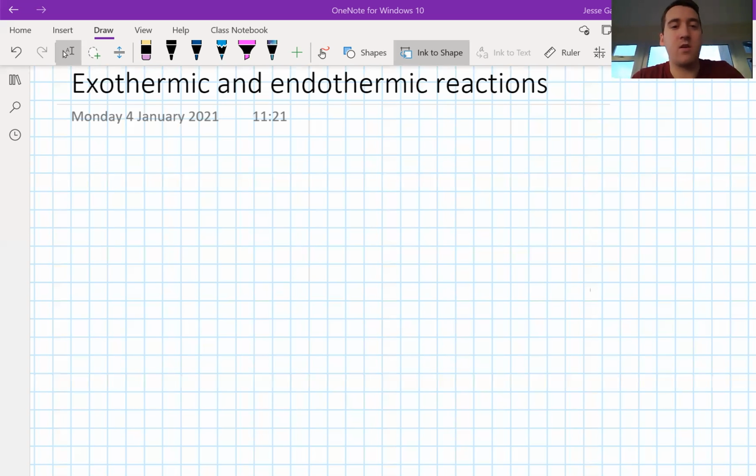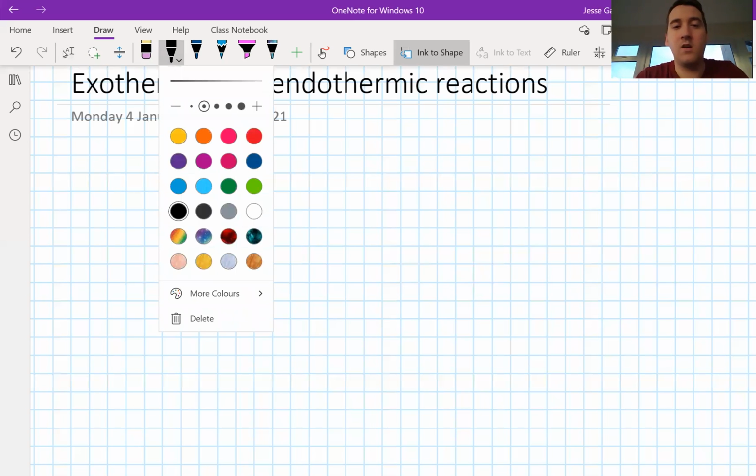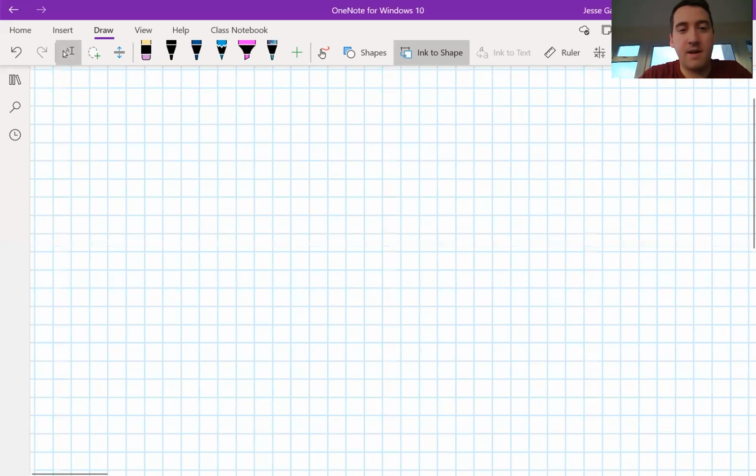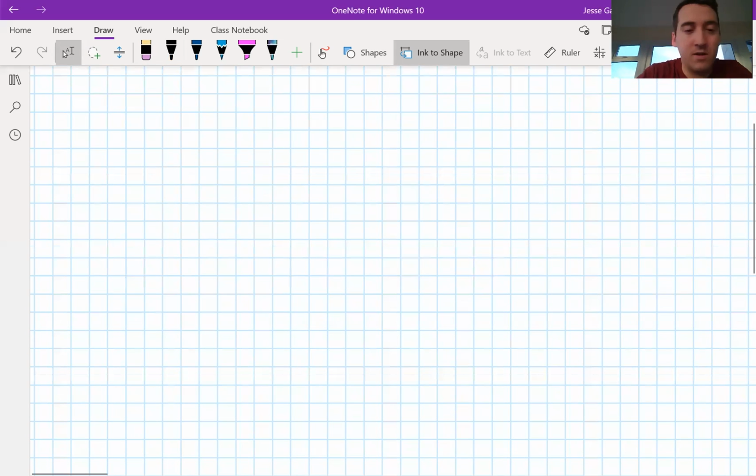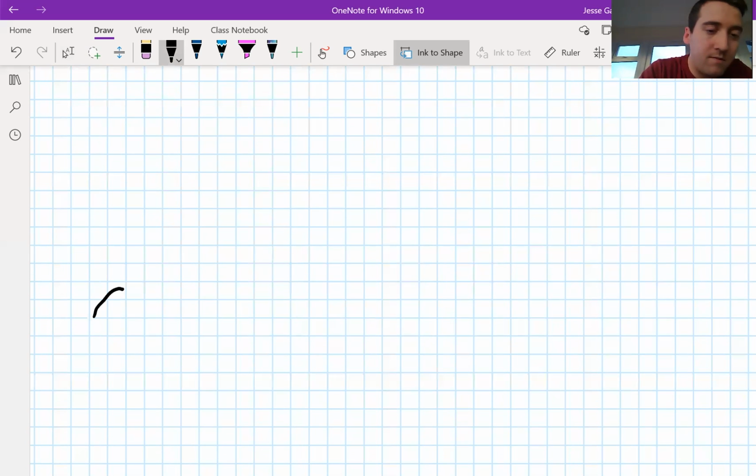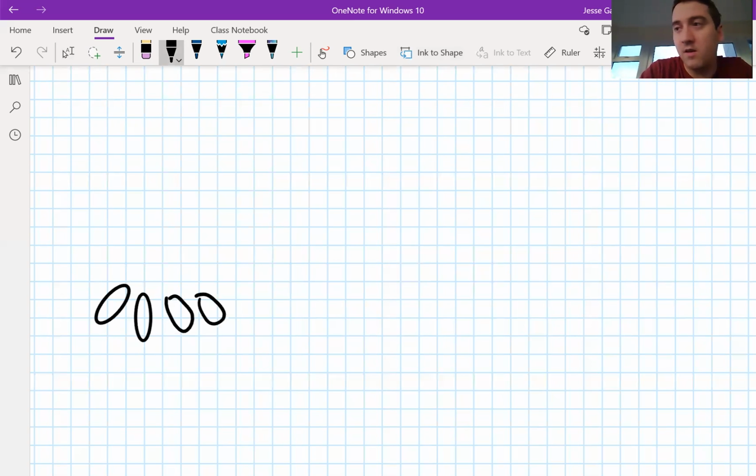So let's have a quick look at an example. If we take an example of, we'll say we have some wood. We have a few logs here.